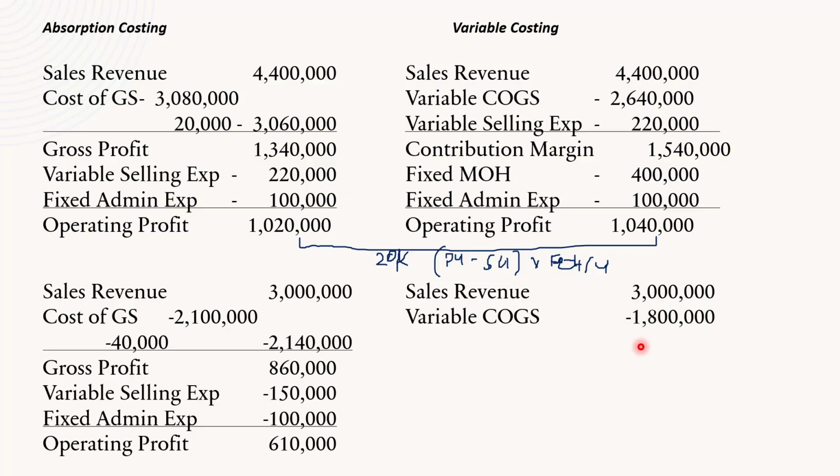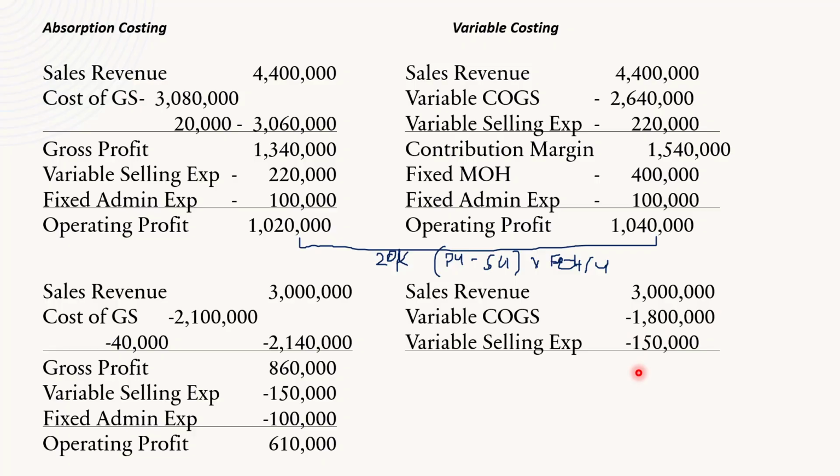Again, that's 120. 120 times 15,000 is 1.8 million. Variable selling expenses, that would be 10 pesos. 10 times 15,000 is 150,000. Yun yung variable selling expenses.